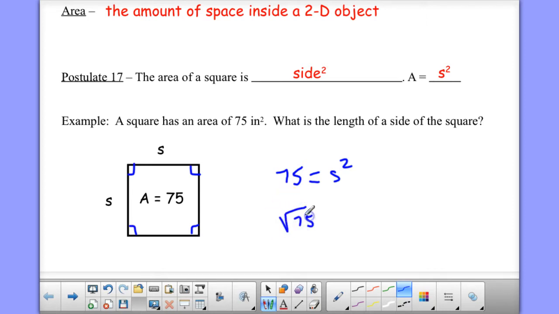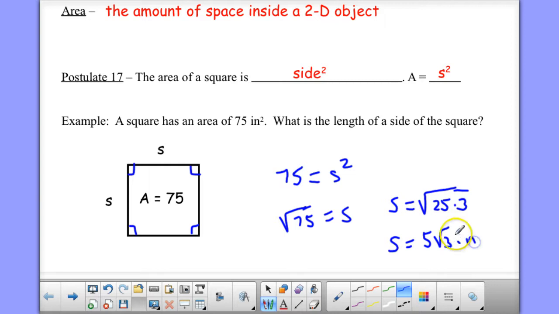So our answer is that the side is the square root of 75 inches. This could be simplified by pulling out factors that are perfect squares. 75 can be thought of as 25 times 3, and so therefore we could also say that the length of the side is 5 times the square root of 3 inches.